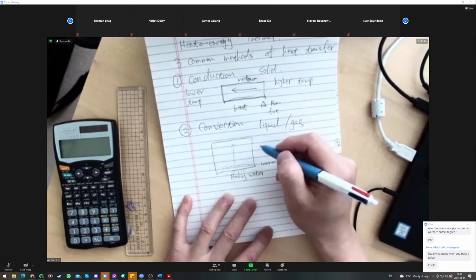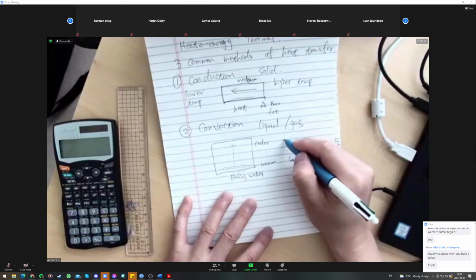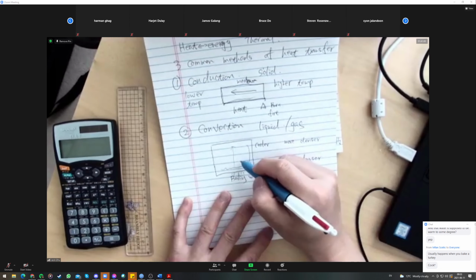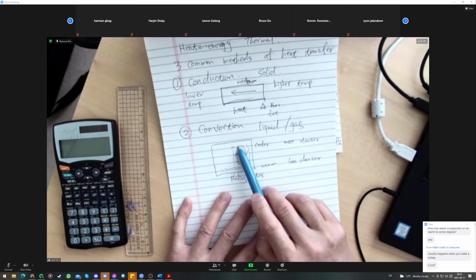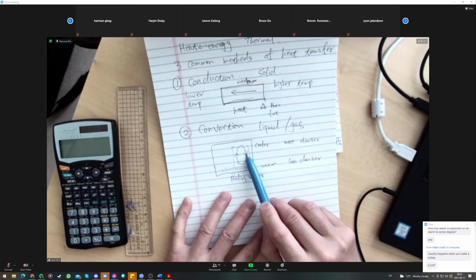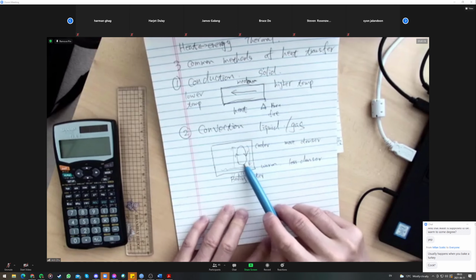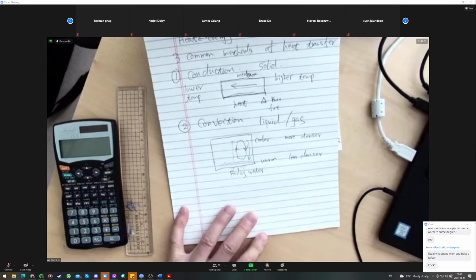And the top water is cooler, so it is more dense, so it will come to the bottom. So it becomes a circulation motion. The warm, less dense water rises to the top, and the cooler, more dense water comes to the bottom. So you have a circulation, a cooking kind of motion. It usually happens in liquid and gas. This is considered convection.